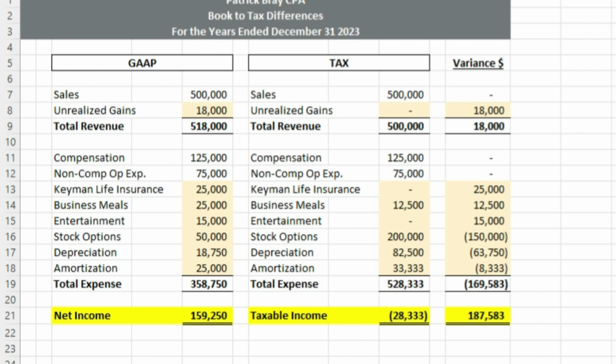This is how book to tax differences, these different methodologies of accounting, can have a wild difference on your results. And that's why you have book earnings and you have tax earnings. They're not going to be the same. As you could see in this scenario, we had 5 examples and they had wildly different results to our net income and our taxable income based upon the methodologies.